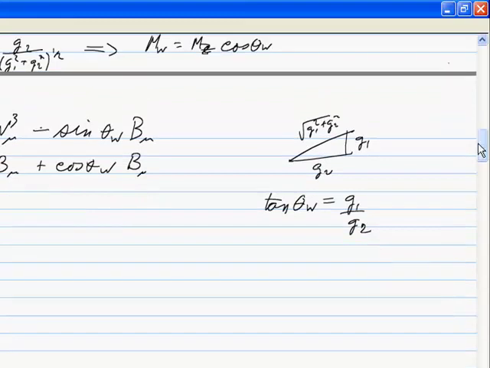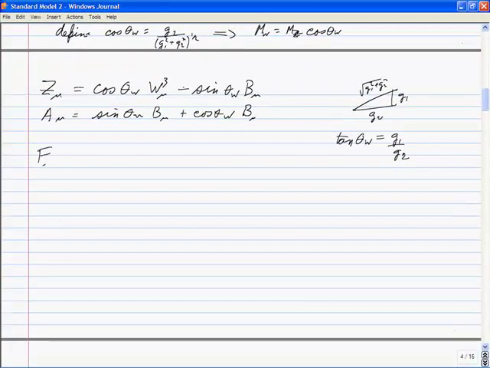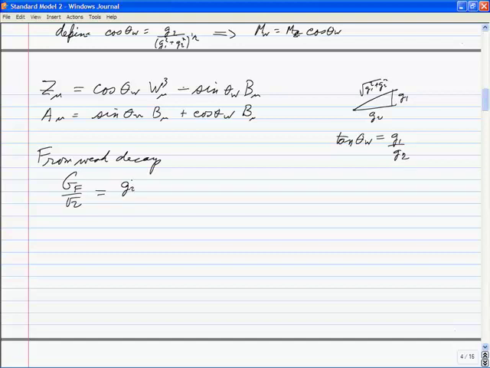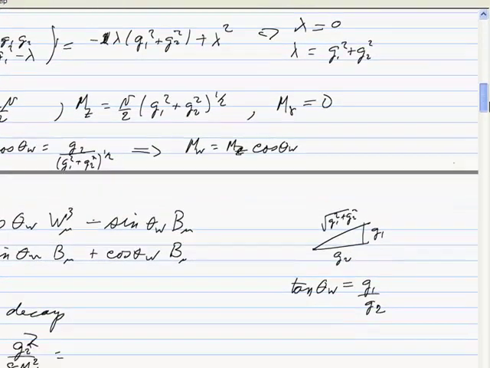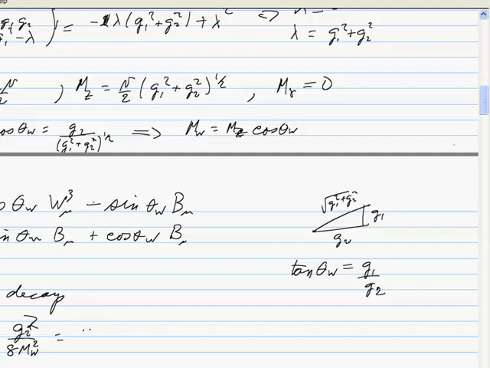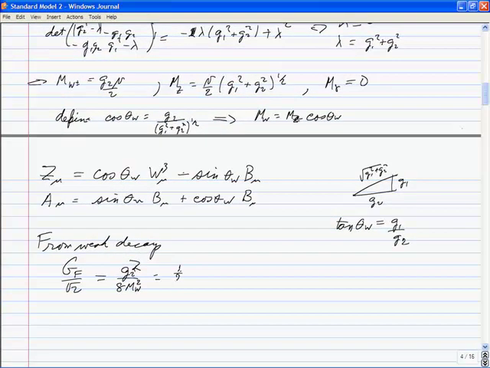Okay. So from weak decays, we'll get there, G Fermi over the square root of 2 from weak decays turns into G2 squared over 8 M_W squared, which, if you look up there, is 1 over 2 v squared.